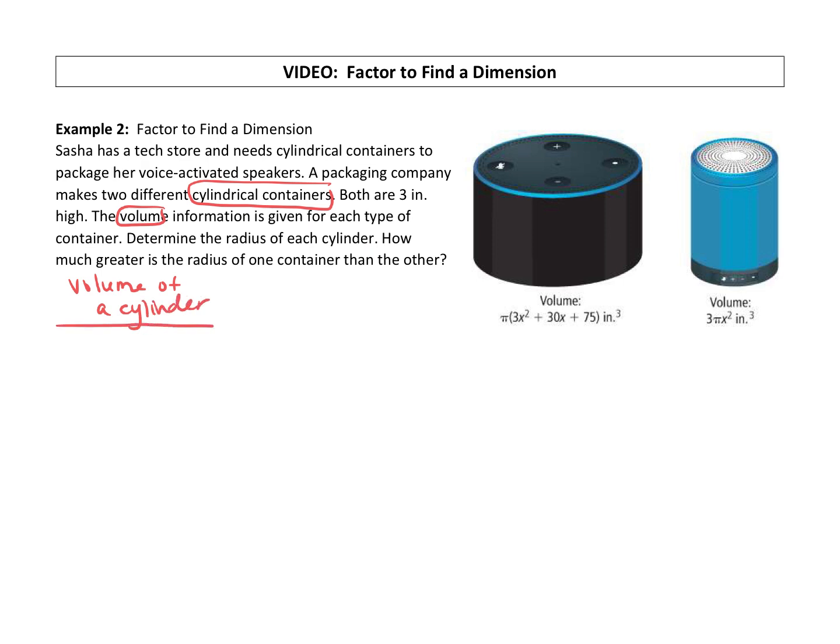Volume of a cylinder, V equals pi r squared h, where r is the radius of the circular base and h is the height of the cylinder. Okay, just to organize our work a little bit, I'm going to call this first speaker, speaker A, and the second speaker, speaker B. So they want us to find the radius of each cylinder and then compare them. How much greater is one versus the other? So we're going to start with cylinder A.